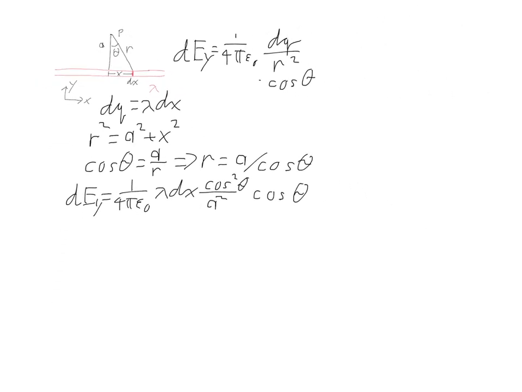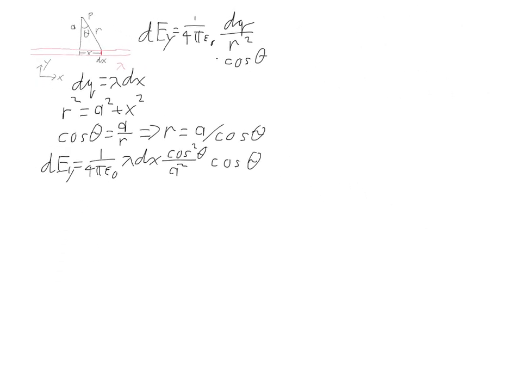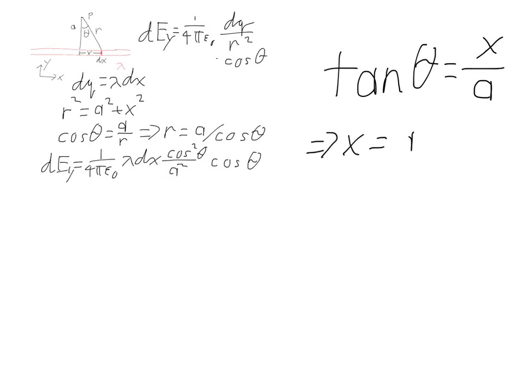We'll make a little bit of space again and set up another relationship that we see: tangent of theta is going to equal distance x over distance a, just from basic trigonometry. In that case, we'd see that x is equal to a tan of theta.